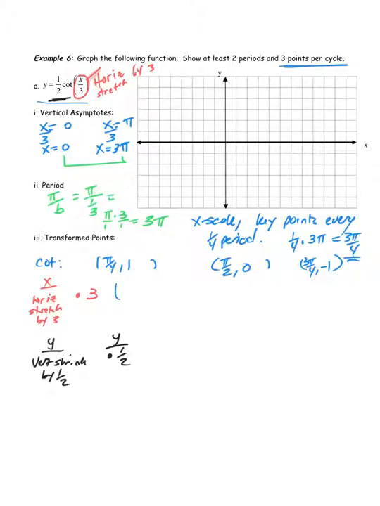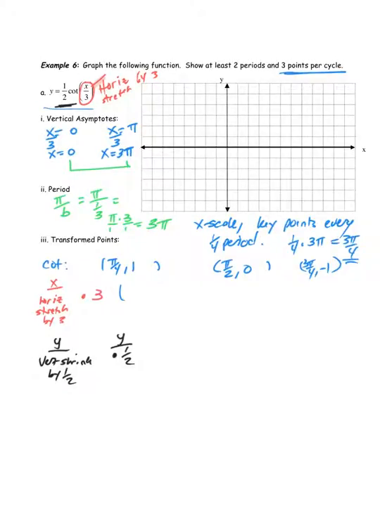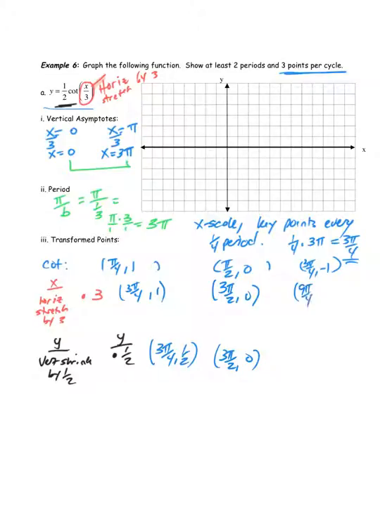So x value is going to be multiplied by 3, so pi over 4 is going to become 3 pi over 4, and then when we transform the y point, it's going to become 3 pi over 4, 1/2. Pi over 2, 0, we're going to multiply x by 3, so that's going to become 3 pi over 2, 0, and then we're going to multiply y by 1/2, so it's still going to be 3 pi over 2, 0, because 0 times 1/2 is 0. And then we're going to multiply 3 pi over 4 by 3. That's going to give us 9 pi over 4, -1 for the third point.